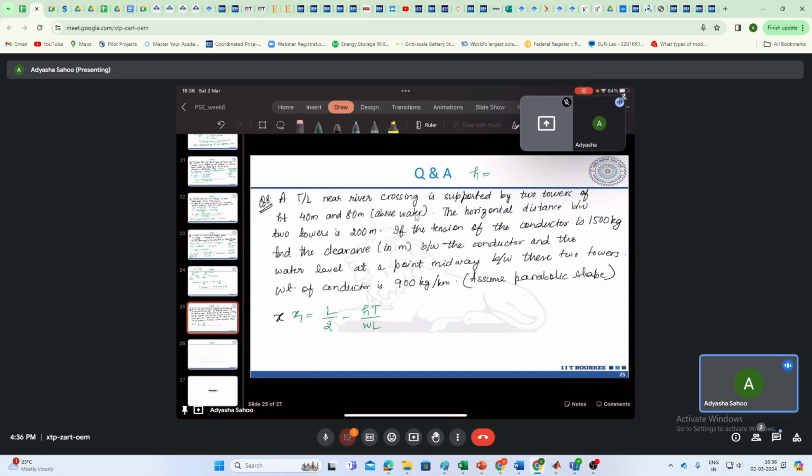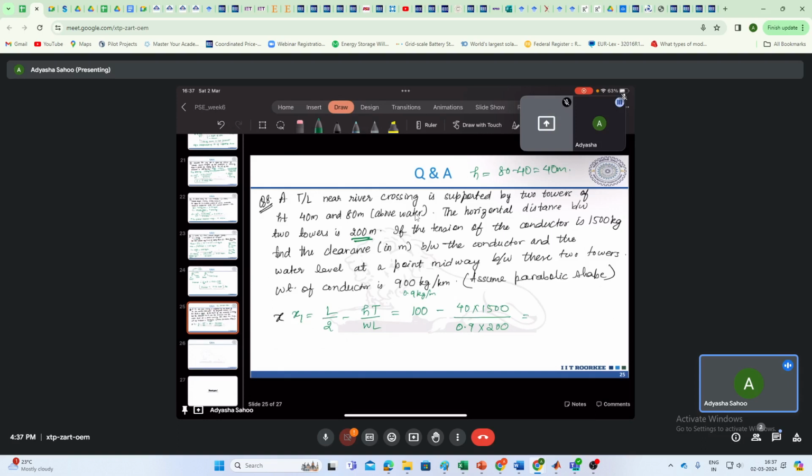So H is here 40, L is 200 meters, right? So it will be 100 minus, H is 40, tension is 1500, weight is 0.9 kg per meter, into the span length 200.